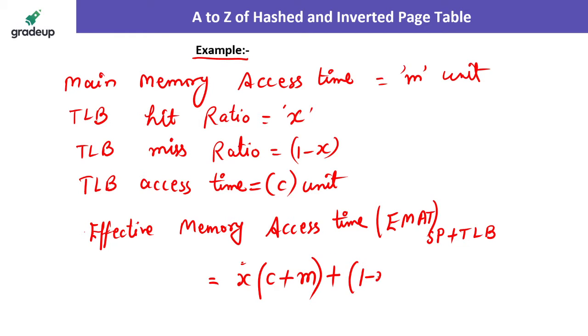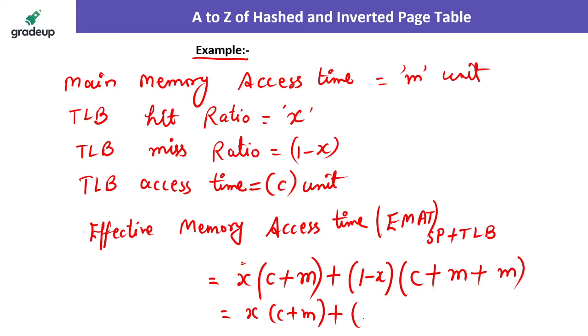But if I don't get it, then I have to spend C unit to search the page number, but I didn't find it. Then I have to check the page table, which is stored in the main memory. And if I find it, then I have to get the physical address or data of the physical address, which is also in main memory. So the formula will be X(C + M) + (1 - X)(C + 2M).